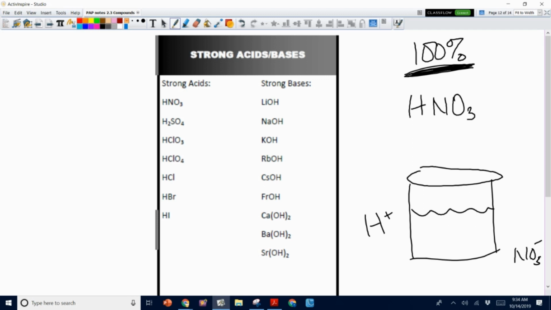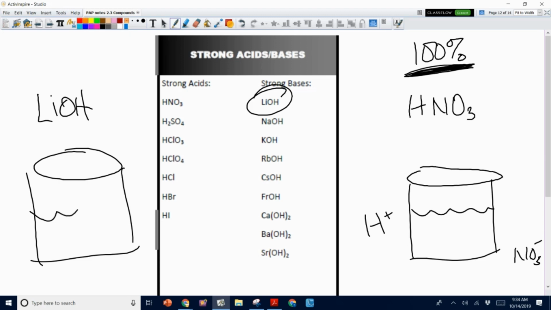Okay, and the same thing with the bases. Like if you had lithium hydroxide, when you put lithium hydroxide in an aqueous solution or in a beaker of water, 100% of this is going to break up into lithium ions and hydroxide ions. If it's not on this list, it's considered weak.